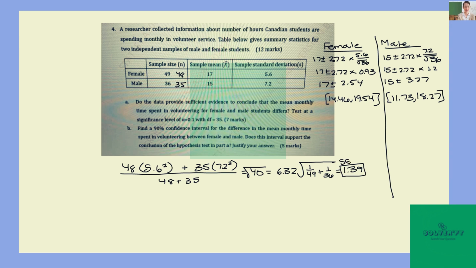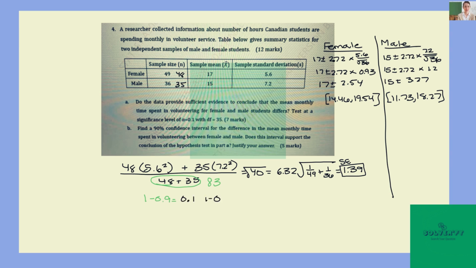Then you're going to take your degree of freedom. If you add this together, you're going to get 83. So then you have to calculate now your confidence interval. So you have 90%. So 1 minus 0.9 equals 0.1.